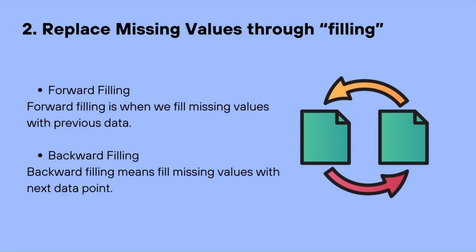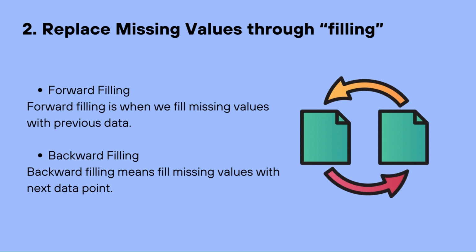Another way we can fill our missing data is through either backward filling or forward filling. Forward filling is the procedure of filling our missing values with the last value before it that wasn't a null value.